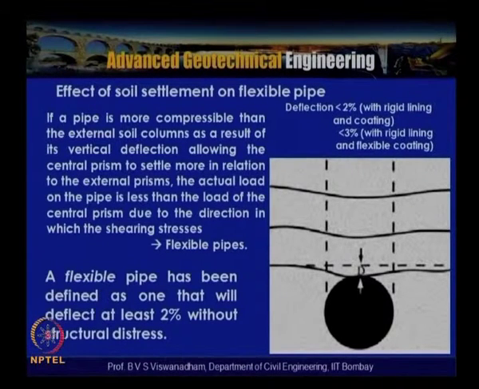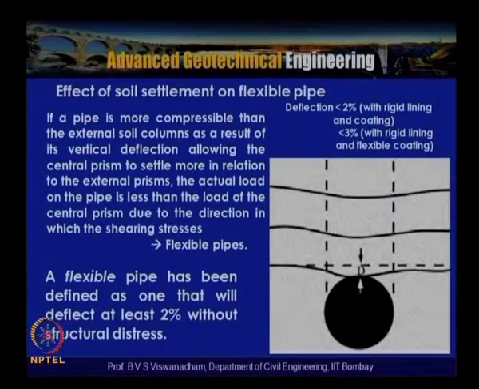The deflection is to be limited to less than 3% of the diameter with rigid lining and flexible coating, and with rigid lining and coating, the deflection is limited to less than 2%. So the flexible pipe condition is the active arching condition, and the rigid pipe condition is the passive arching condition.